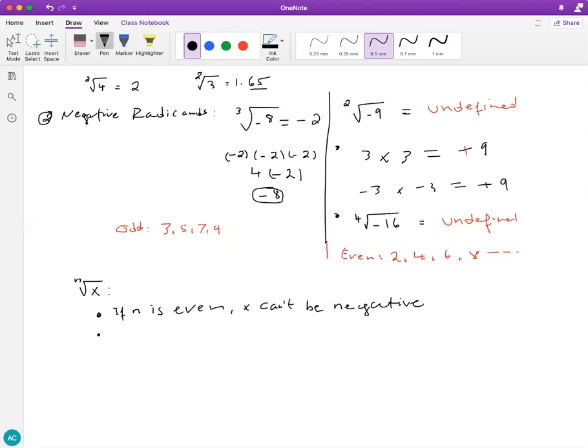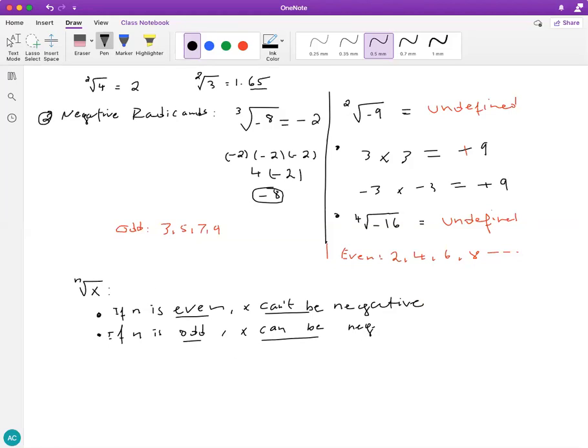That's the first one. And of course, the opposite of this rule, if n is odd like this, then x, the radicand, can be negative. Okay, so even can't be negative, but odd can be negative.